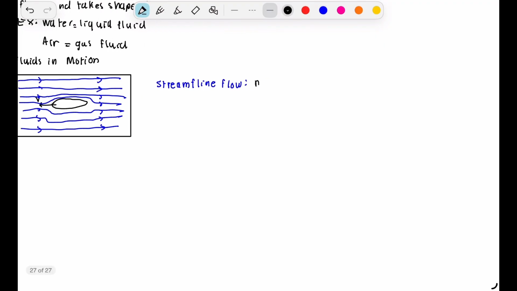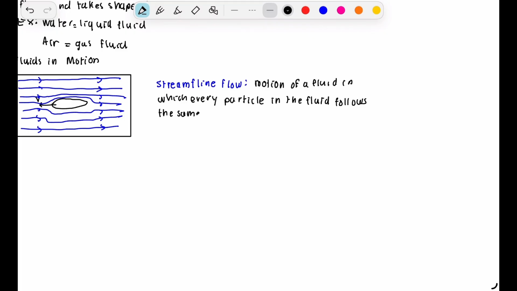This is particularly the motion of a fluid in which every particle in the fluid follows the same path past a particular point as that followed by the previous particles.